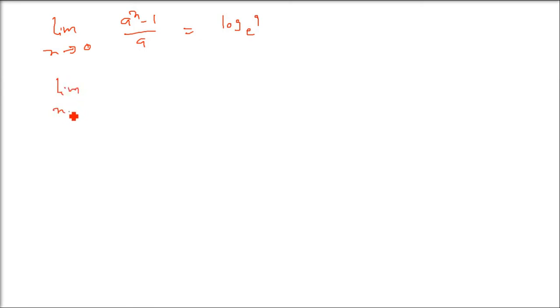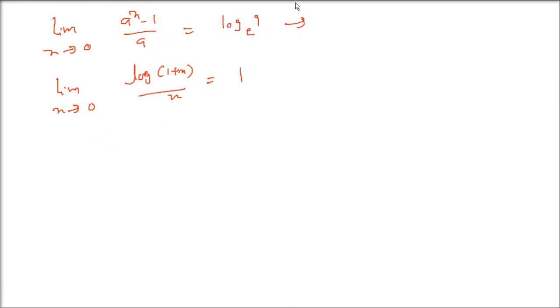The standard solution: if we expand log 1 plus x, then we know the expression. So log 1 plus x by x, limit x tends to 0, you just have to expand this as we said, and it will be solved easily. It will be simply 1. We will use them directly.